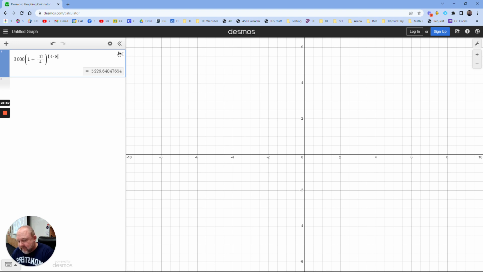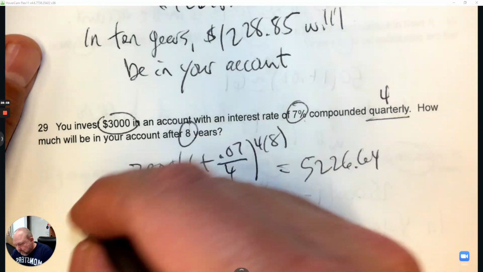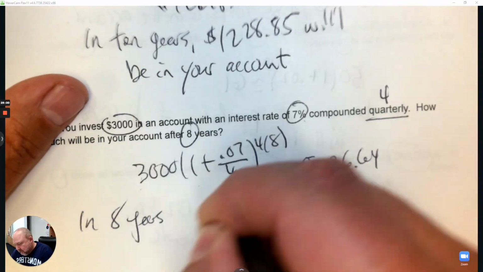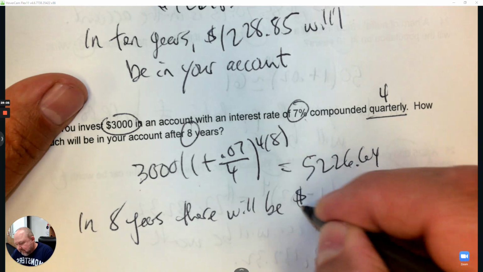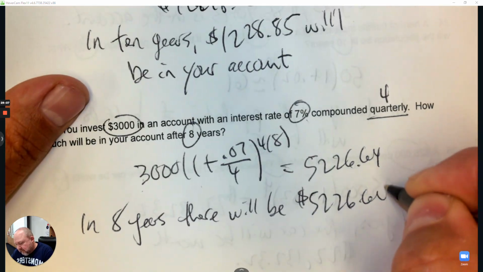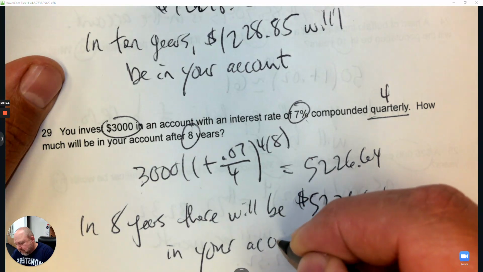And you get $5,226.64. And then we'll write a basic sentence. So in 8 years, there will be $5,226.64 in your account.